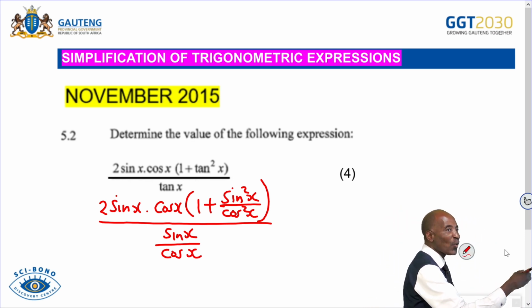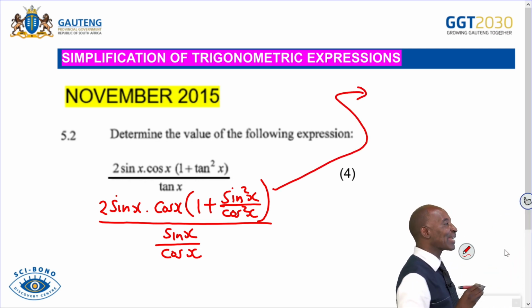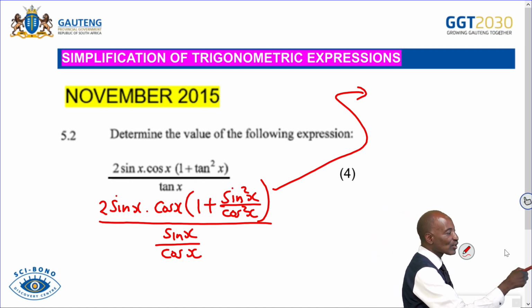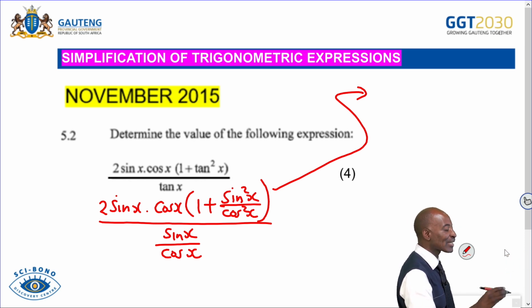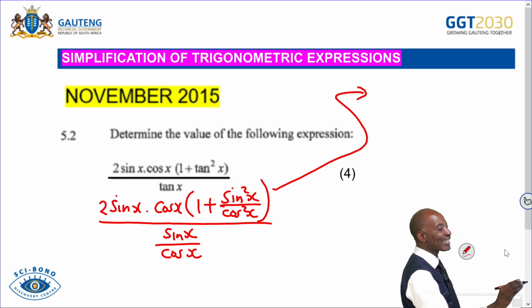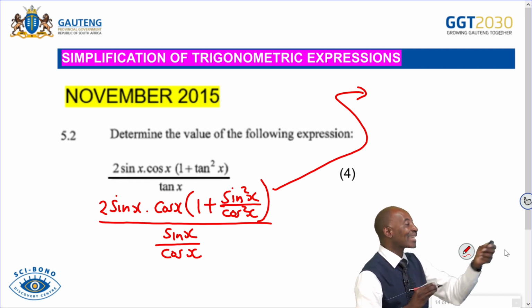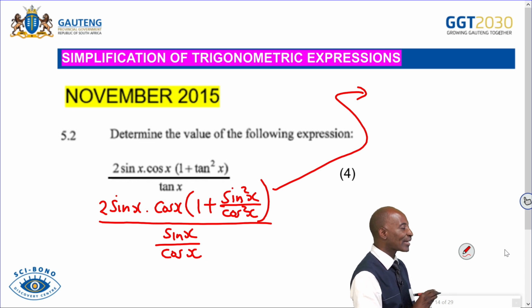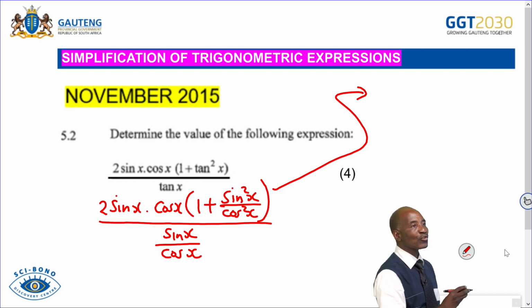So remember, when you are dividing, you can as well multiply by the reciprocal. So we have 2 sine x cos x into 1 plus sine squared x divided by cos squared x, all divided by sine x over cos x. You are dividing by tan, so you need to simplify now. How do we handle this one? We are going to take our denominator and invert it and simplify. So what are we saying?